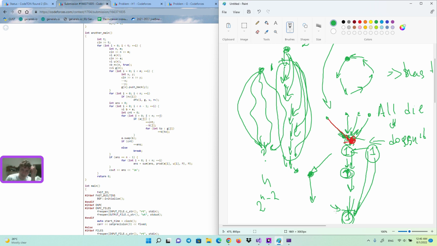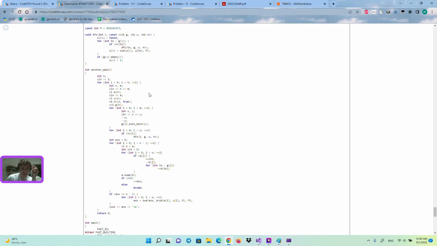And to calculate this number of ones, we apply the condition that there is exactly one sink, and we apply this DFS. That's all. That's all we have to do. So DFS is not very hard, and modular operations which I applied here, they are not very hard.